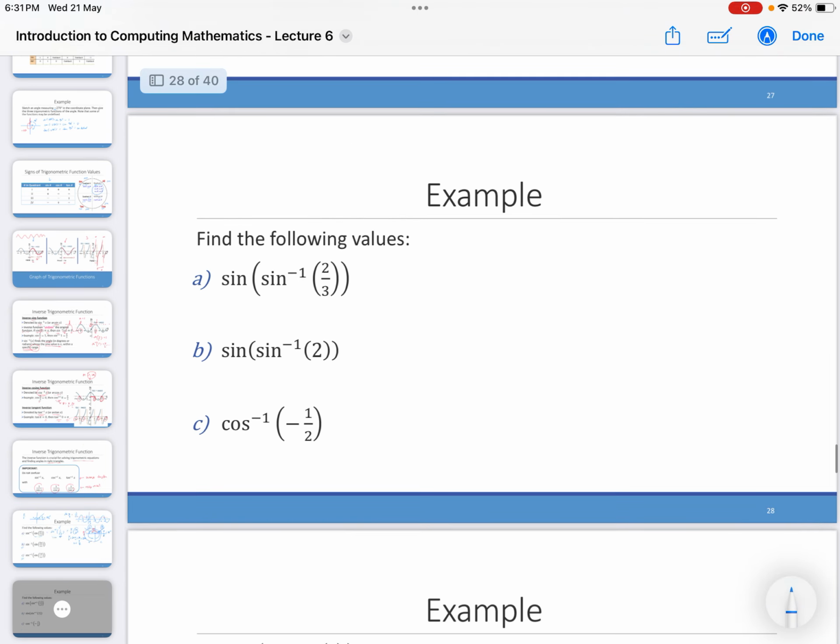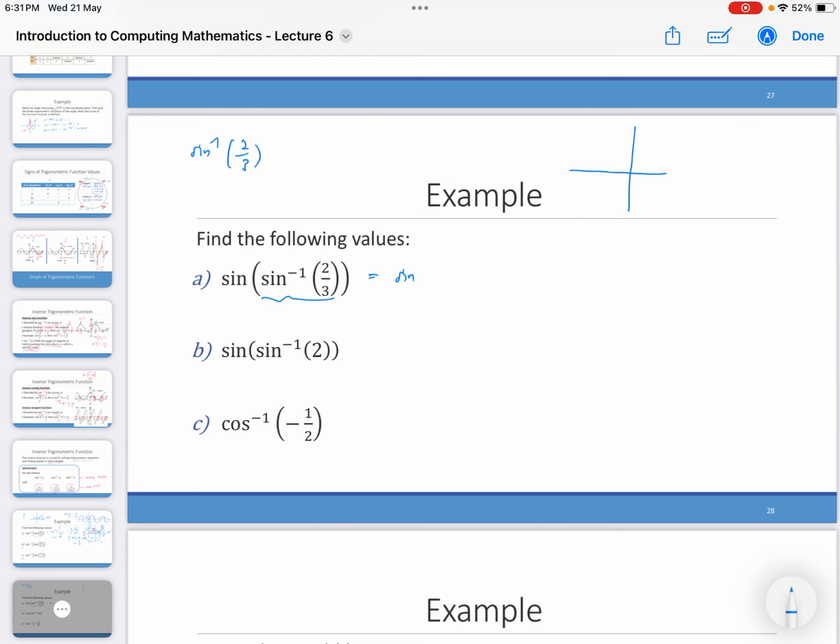Okay, let's look at this one. We do inside first. We want to find sine inverse of 2 over 3. Again, since there is no range, we have to list everything.